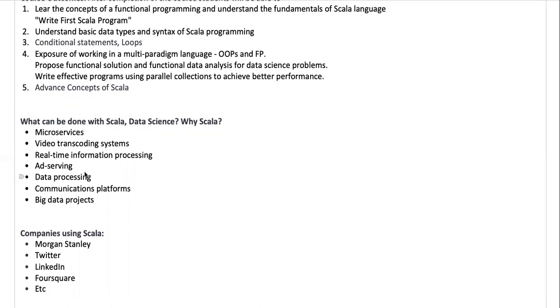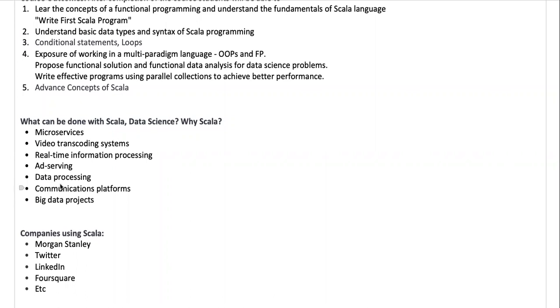For example, LinkedIn and Twitter handle real-time information processing, so their deep learning algorithms work on their data every single second. Ad services, data processing, and big data projects would always use Scala.